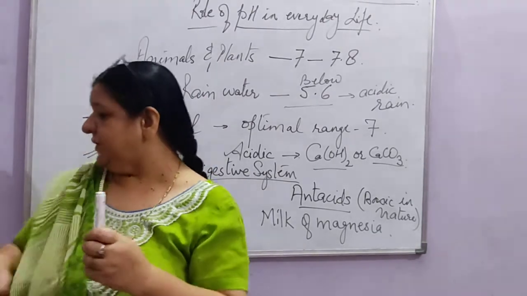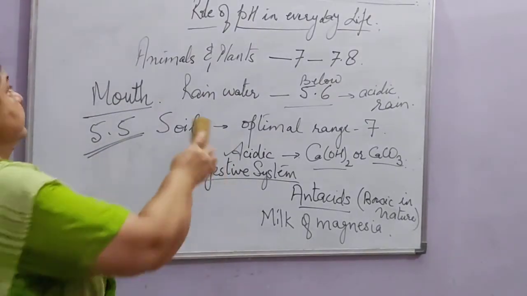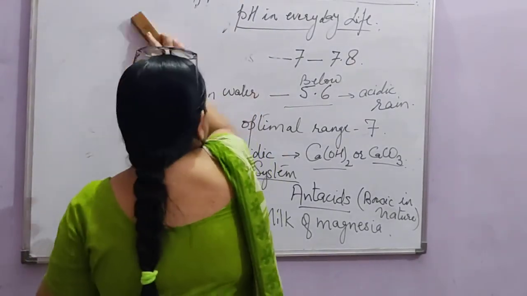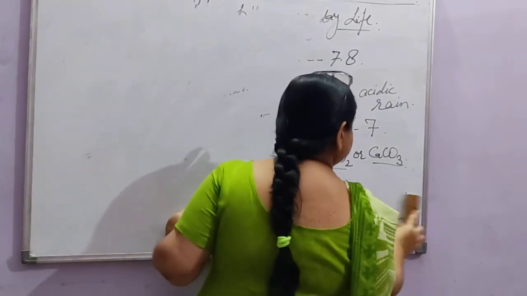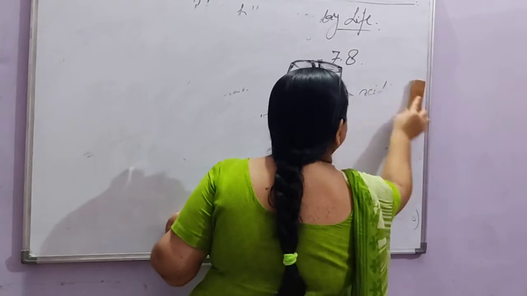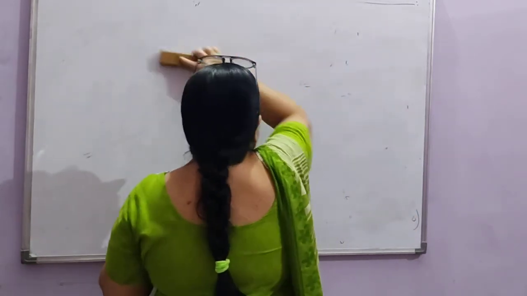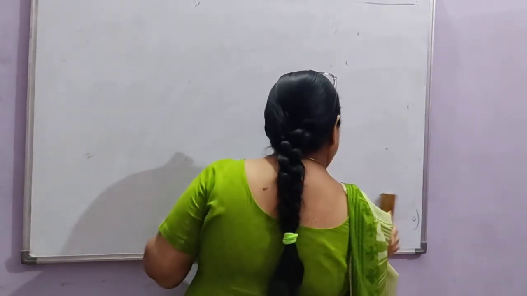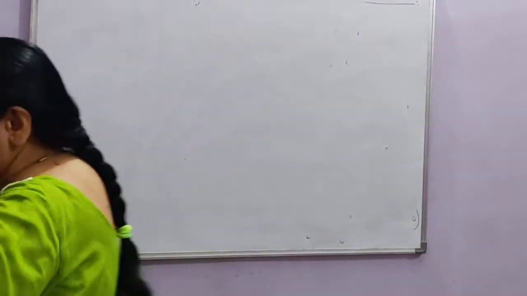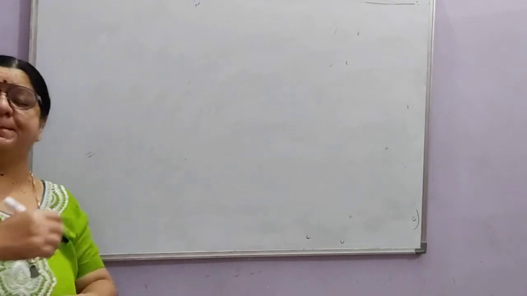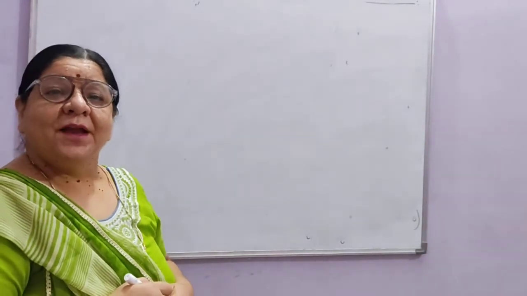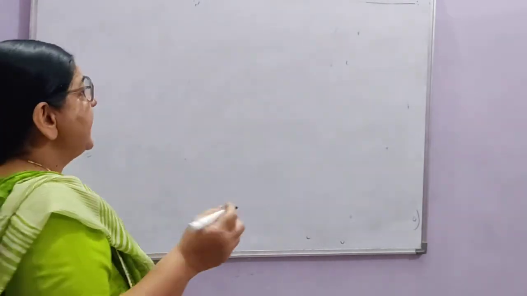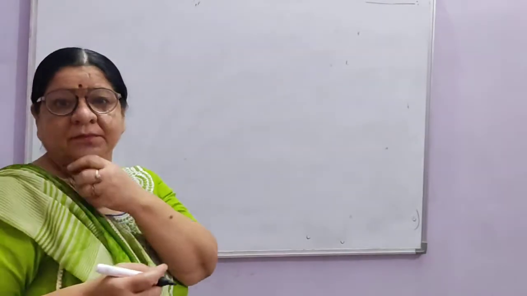Now, apart from this, some plants and animals also have a self-defense mechanism where they use this pH. How do they use it? Like honeybees, right?